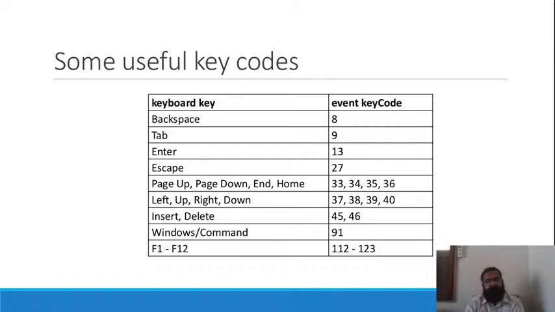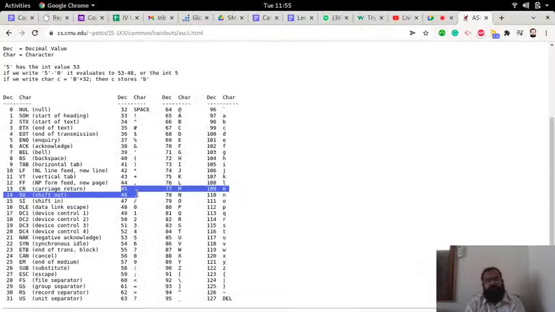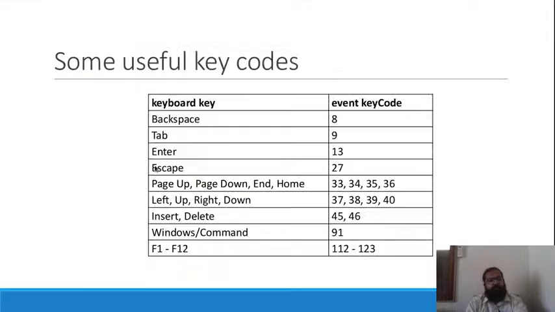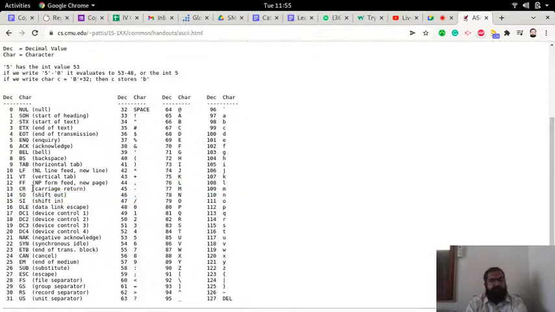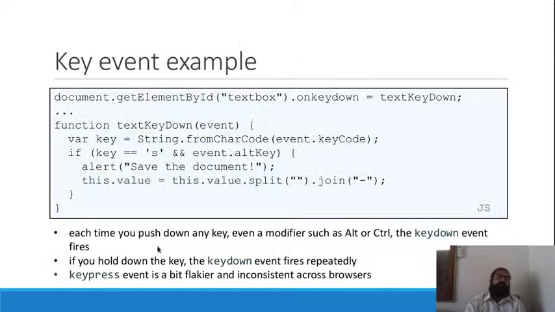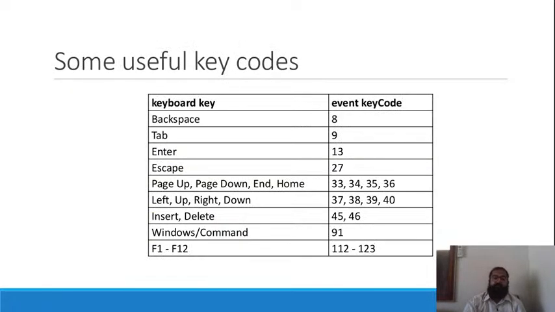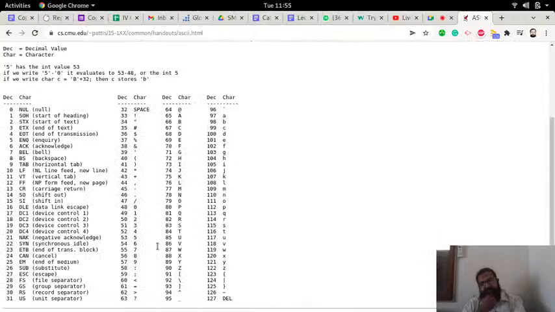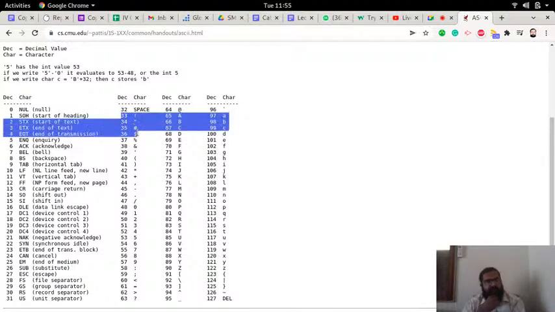In event.keyCode, tab is 9, enter is 13, and escape is 27. These are some useful key codes. Then let's take a look at 33, 34, 35, 36. These are a little bit confusing.